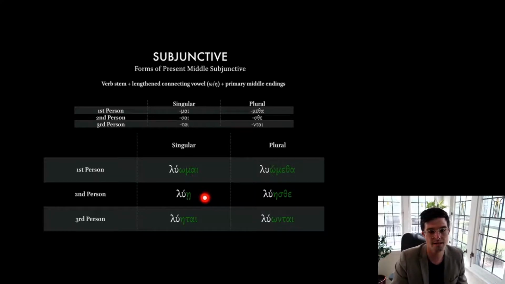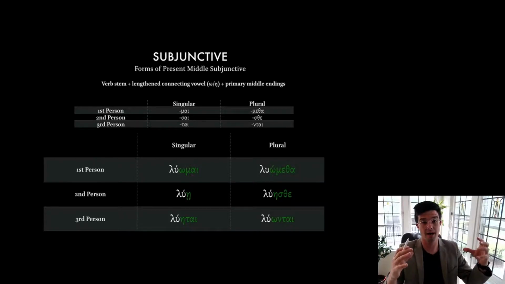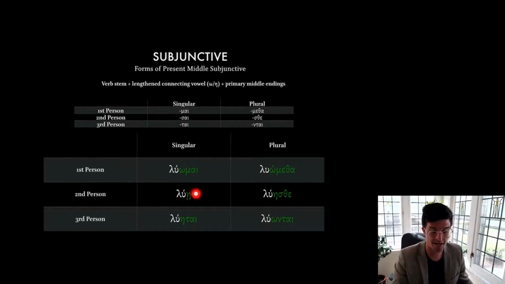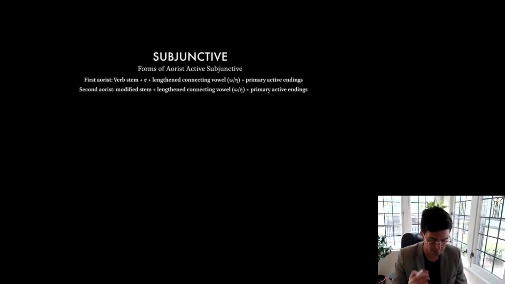This again has to do with some forms of contraction and the sigma actually dropping out, us getting the lengthened vowel, and then the iota going underneath the eta there. Otherwise, we can see mai, tai, metha, sthe, ntai very clearly from our endings there.